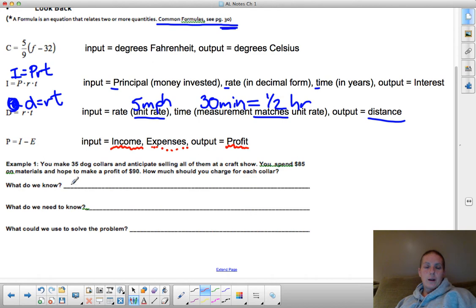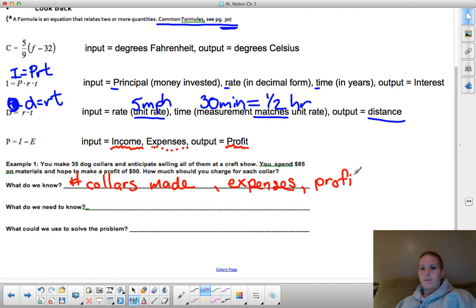What do we know? We know the number of collars made. We know our expenses. And we also know our profit.